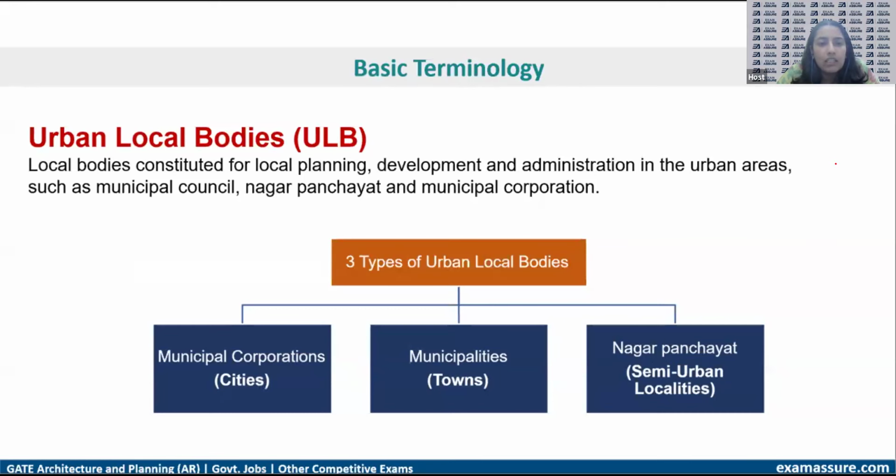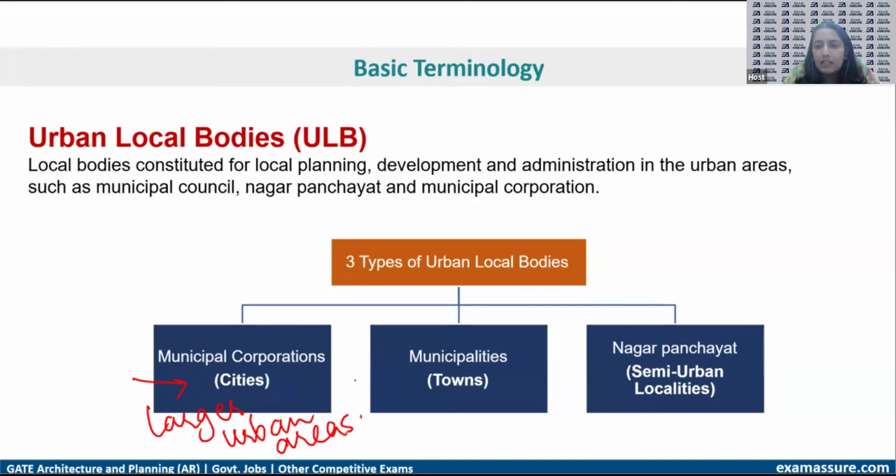So if we see the Indian context, we have particularly three types of urban local bodies, or three categories. One is your municipal corporations, which work at much larger urban areas, or let's say for your cities.